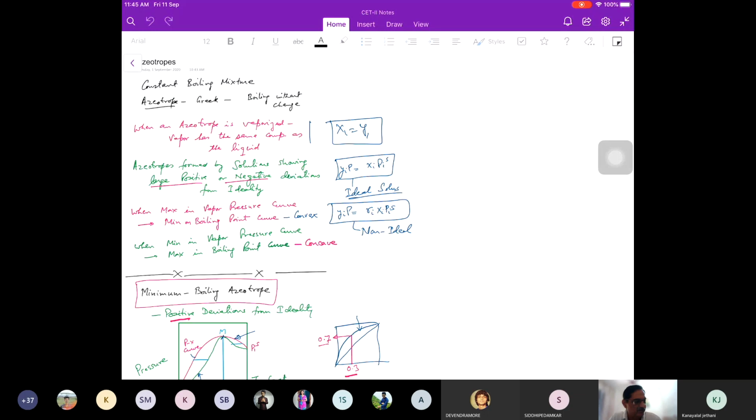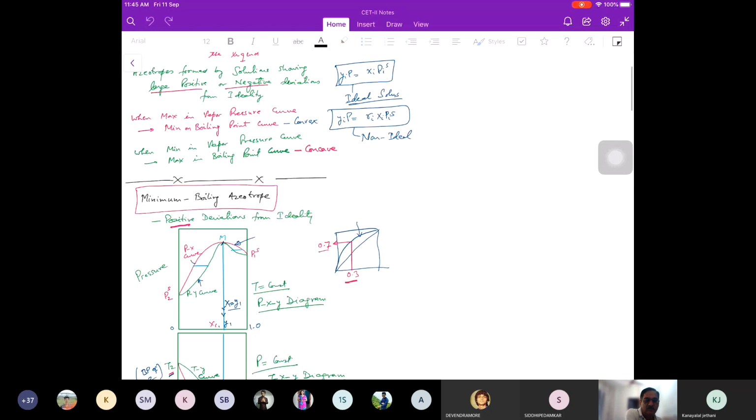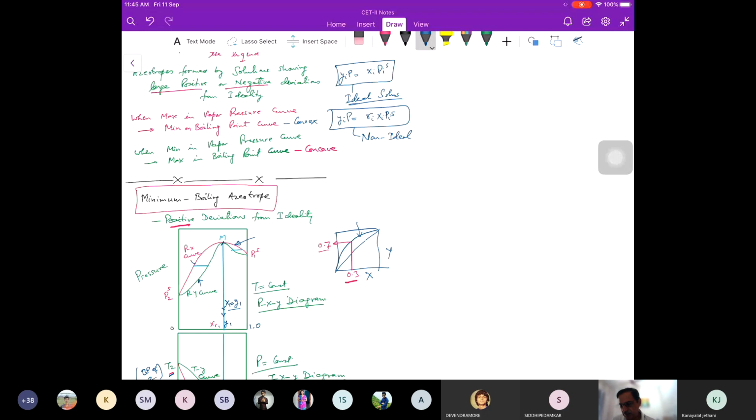If I take this example, and if I take composition X, this is X and this is Y. If I take liquid with more volatile component with composition 0.3, I'll get a vapor which has more volatile component 0.7.